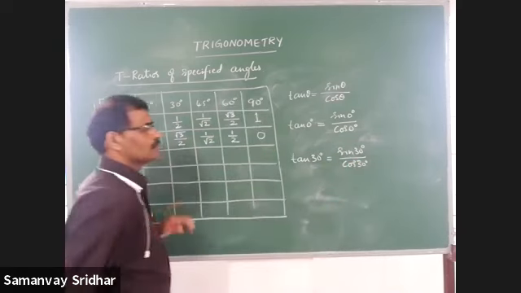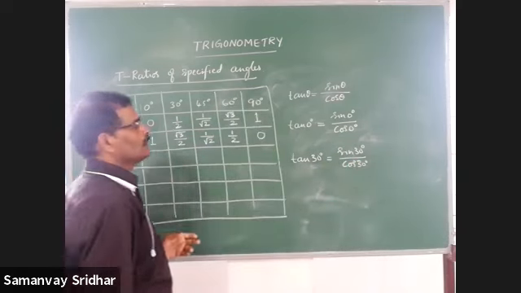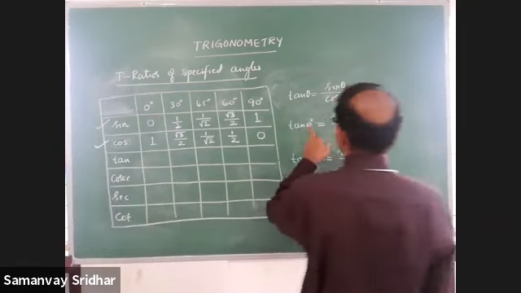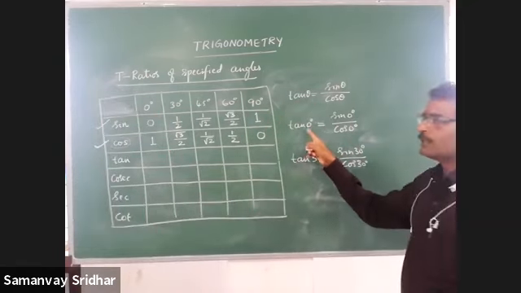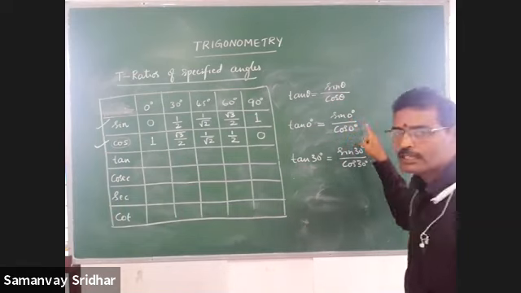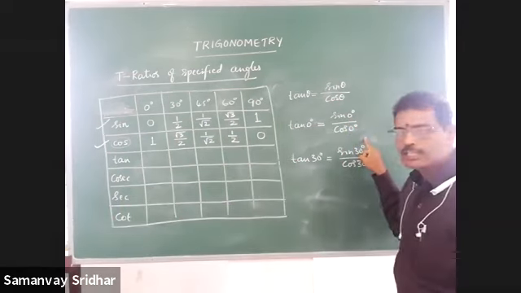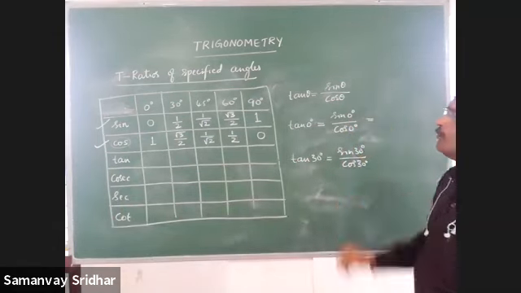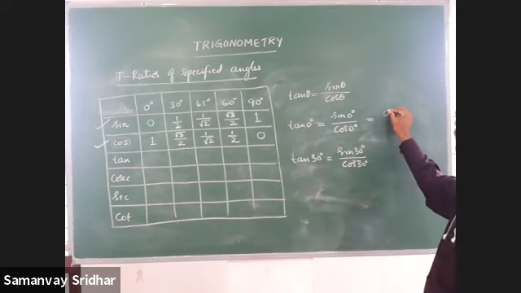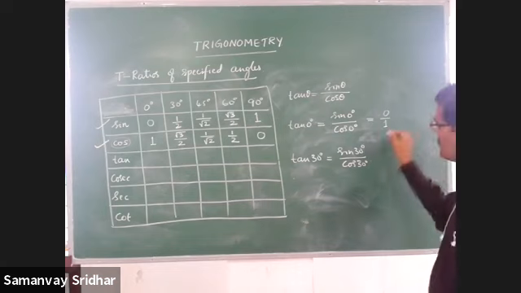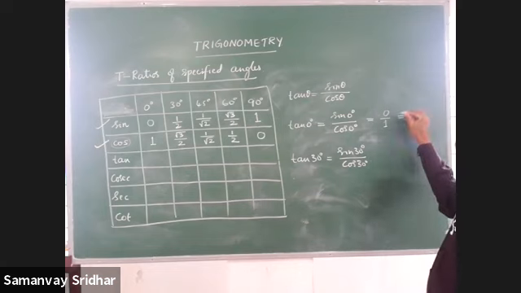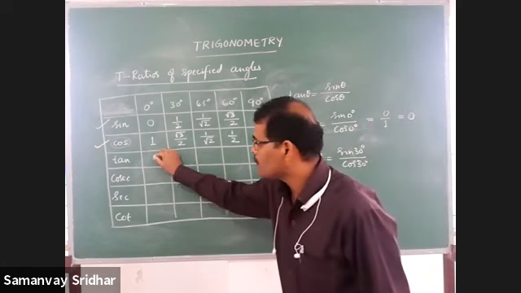Tan theta is equal to sine theta by cos theta. Therefore, tan 0 degree is sine 0 degree by cos 0 degree. We know that sine 0 degree is 0 and cos 0 degree is 1. 0 by 1 is 0, and 0 by anything is always 0. That's why I write 0 here.